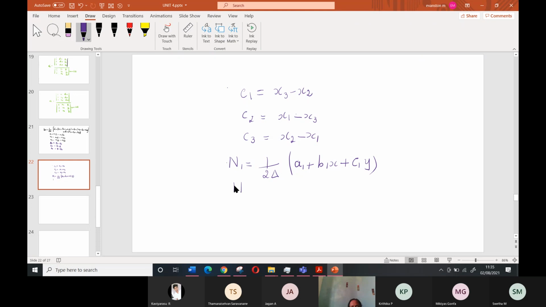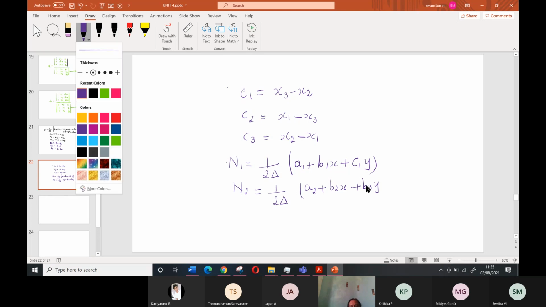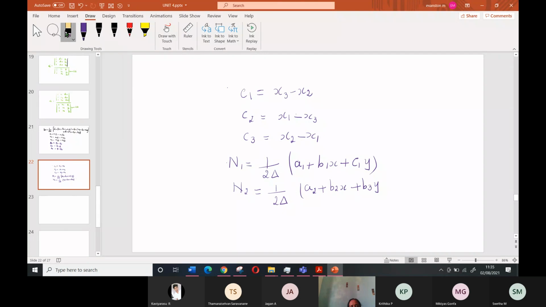Similarly, n2 is equal to 1 by 2 delta into a2 plus b2x plus c2y.